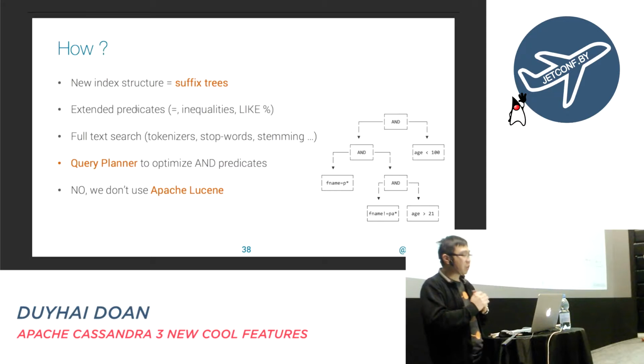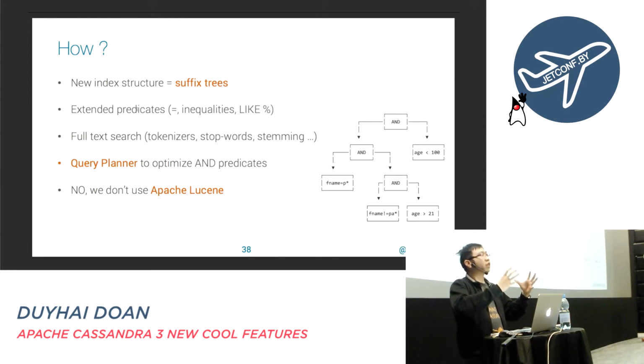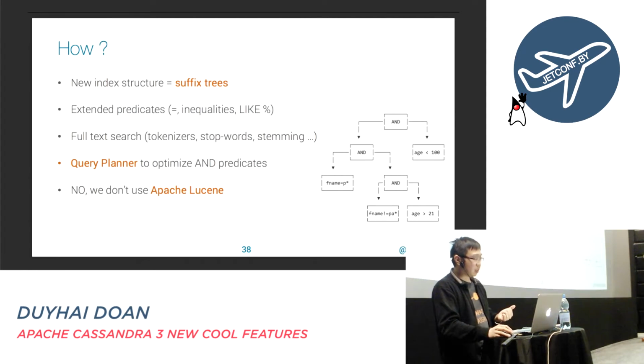Now we have a new index. The idea here is, instead of using Cassandra to store the index itself, the people have created a new index structure, suffix trees. You have extended predicates: equalities, inequalities, LIKE. Yes, you can now do like percentage in Cassandra. Full text search with tokenization, stop words, stemming.